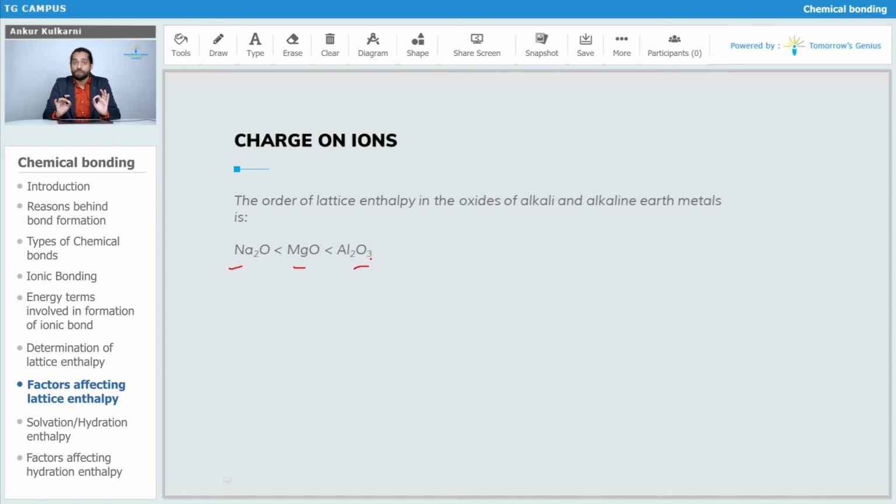Again, a simple step you will follow. First you have to dissociate the ions. So how will it dissociate? Let's take the first example, Na2O, correct? Na2O dissociates as 2Na+ and O2-, correct? And how does MgO dissociate? MgO dissociates as Mg2+ and O2-, correct?